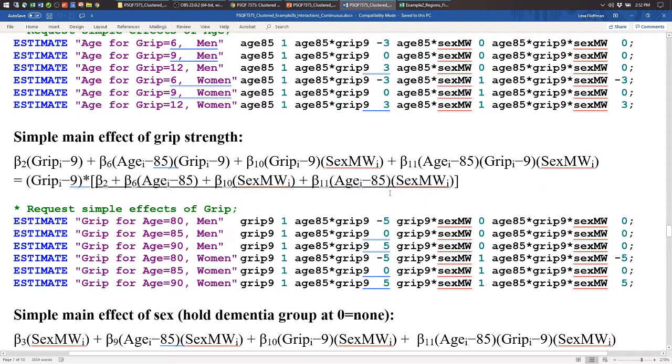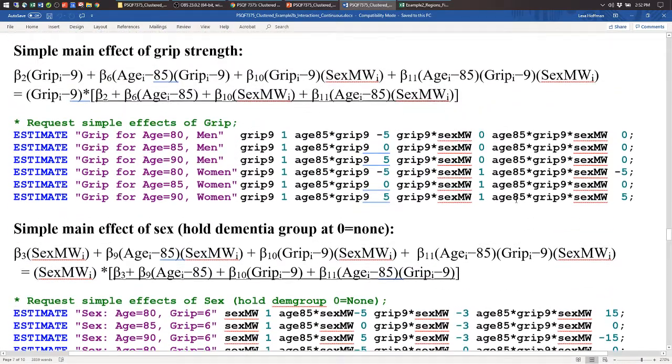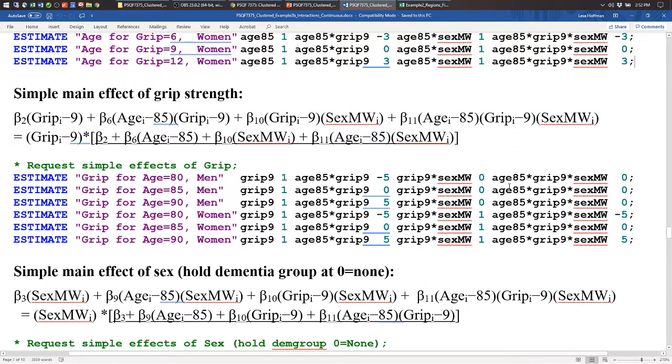Same thing with grip. The only difference is that it's every term that has grip in it, and we're instead filling in the values for age and gender. And then the simple main effect of gender, filling in values for age and grip as well. So stare at that for a second, see if the pattern makes sense to you.